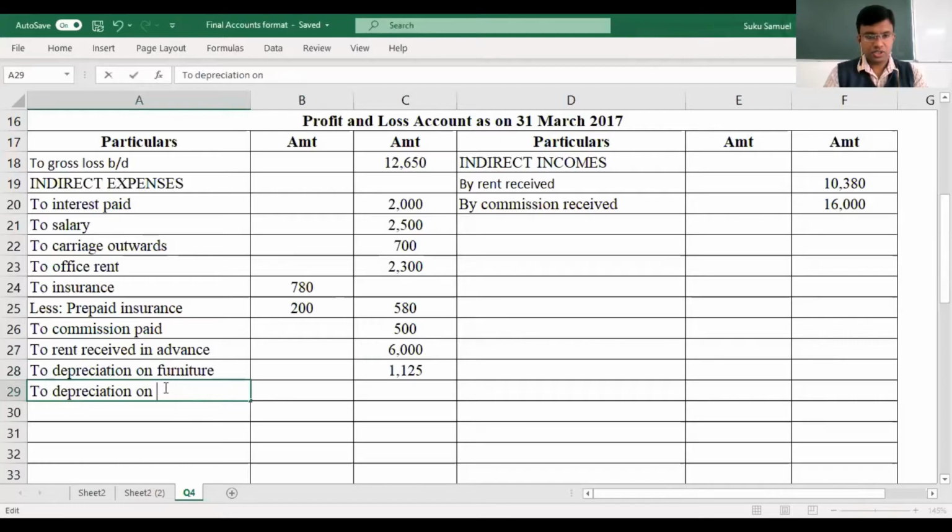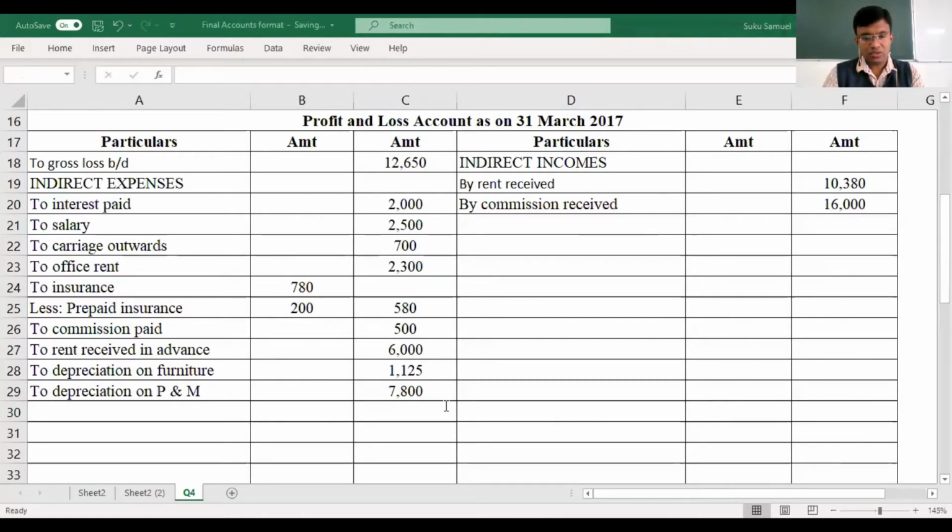Then you have depreciation on plant and machinery, that was at 6%. 6% of 1,30,000 works out to be 7,800. Then you have depreciation on building.